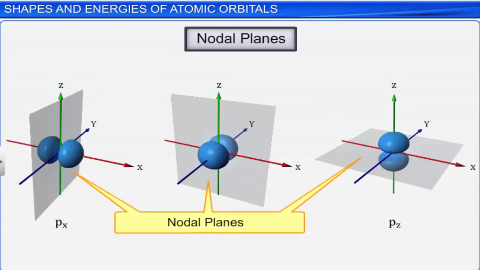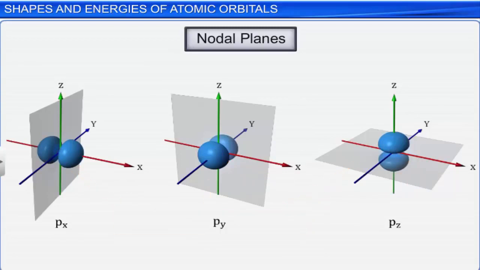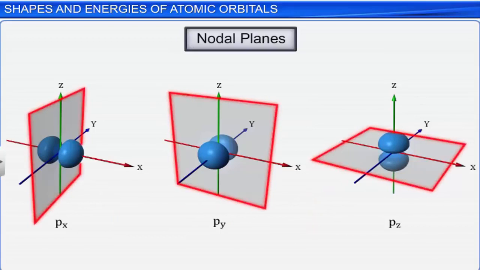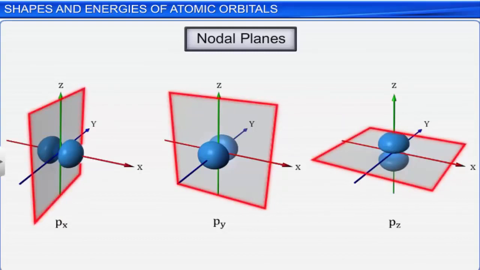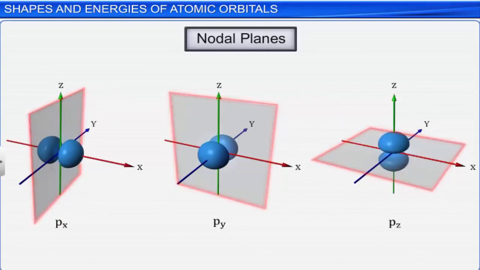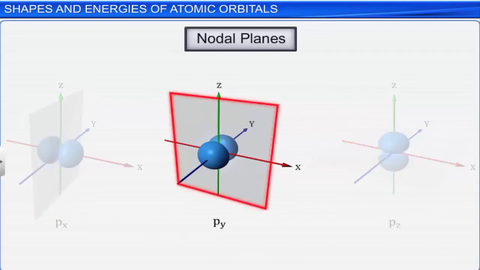That is, the plane which passes through the origin at which the probability of finding an electron is 0 is called a nodal plane. For example, the nodal plane for py orbital lies along the xz plane. A nodal plane is also called an angular node, and the number of angular nodes for a p orbital is equal to the value of azimuthal quantum number l.